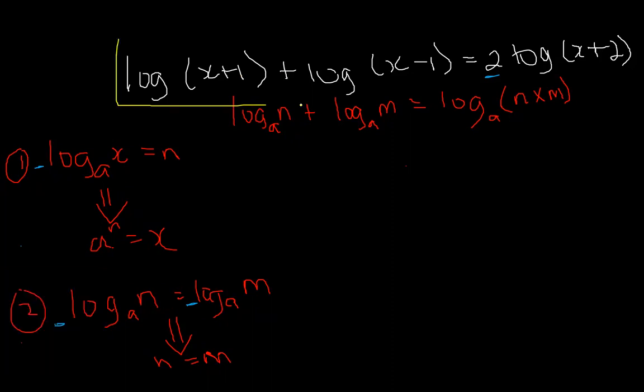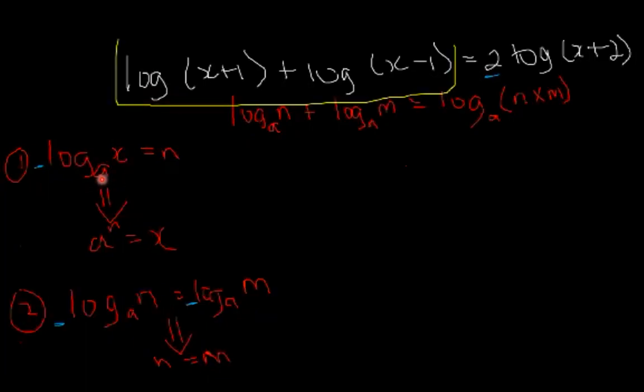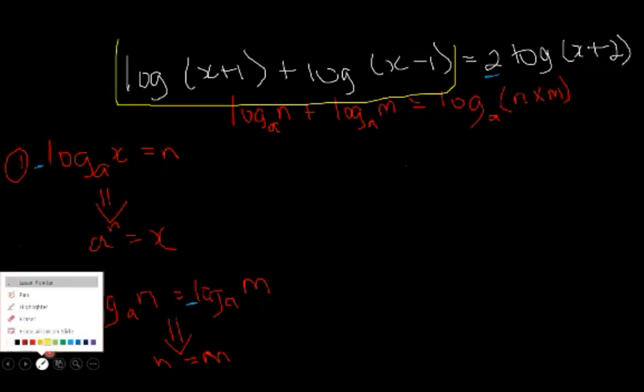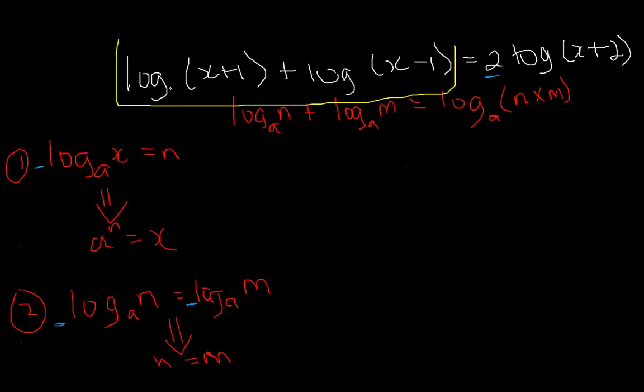Well, I see this. So I can apply this law right here. According to my law, one thing I need to mention, notice you don't see any base down here. So the base is a. Notice for this question, they didn't give you any. What you need to do for CSEC level is you need to assume that the base of these logs is 10.